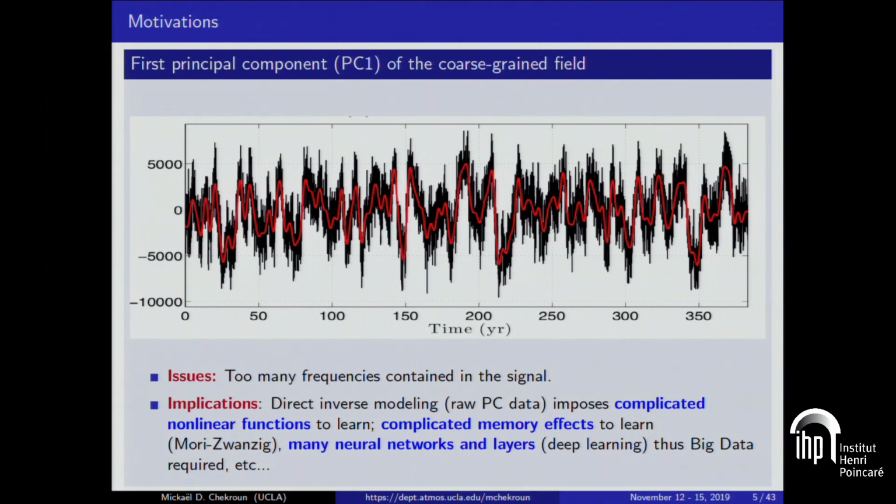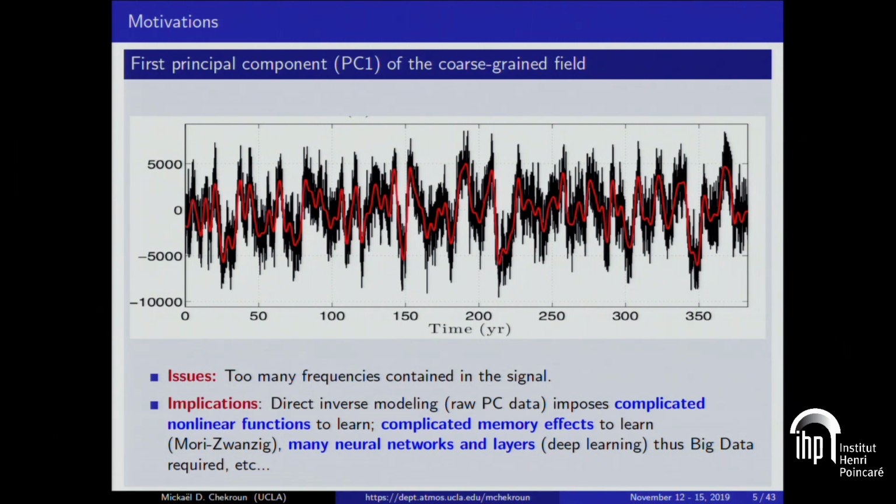So to give you a sense of the difficulty of the problem, here I picked up my coarse-grained version of my potential vorticity, and I did my EOF decomposition. And I projected this coarse-grained PV field on my first EOF, and this is what I get.